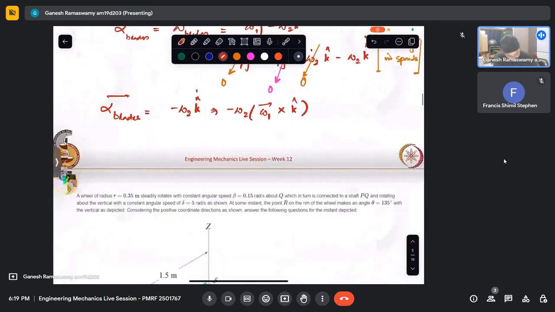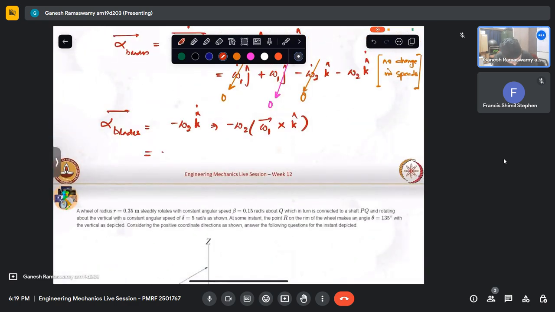So it follows that this will be minus omega 2 into omega 1 j cross k. Now we know how to do cross products: I, j, k. So j cross k is positive I, but we have a minus here, so we account for that. This will be minus omega 1 omega 2 I.